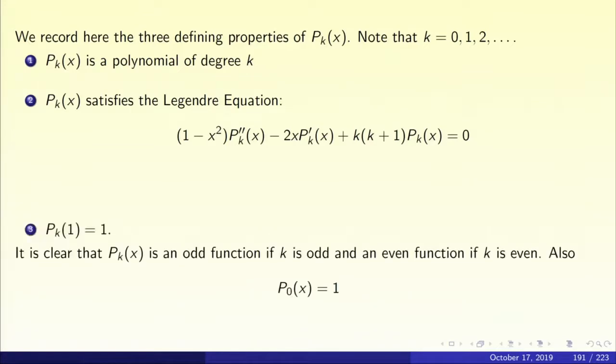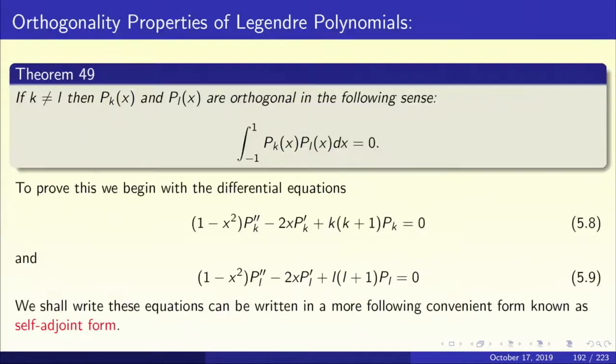Next property, pk of 1 is 1. That is because I normalized it. And it's also clear that pk of x is an odd function if k is odd, and an even function if k is even. And what is p0 of x? p0 of x is 1. So we have listed a number of useful properties of the Legendre polynomials.